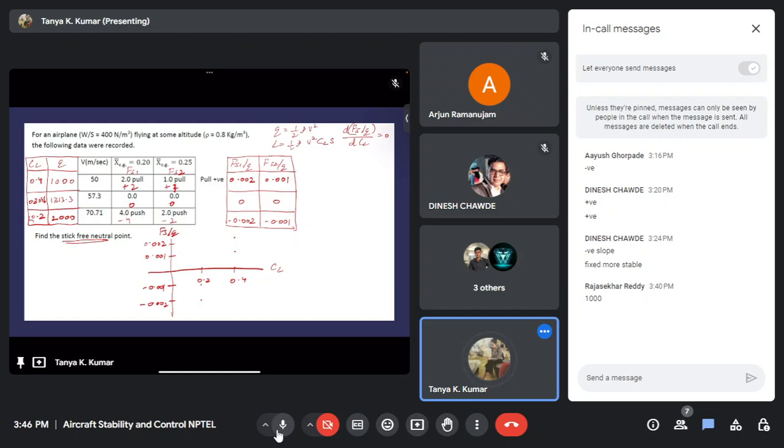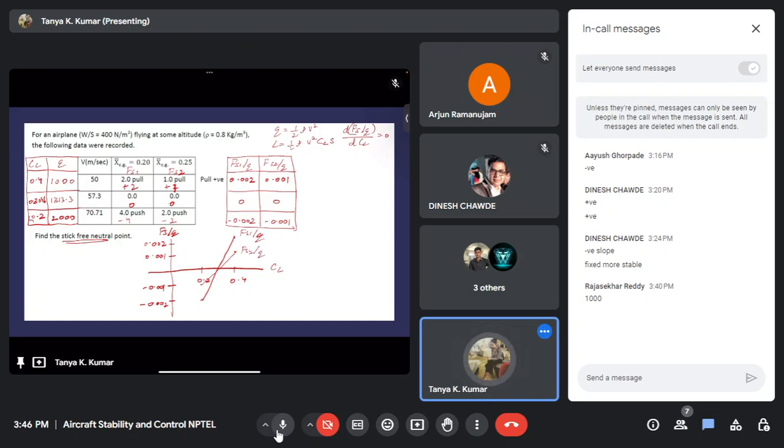So let's just join the corresponding lines. I should have taken another color, but it's something of this sort, right? So you get two lines. Let me just see which one corresponds to which one. 0.4, 0.02. Yeah, so this is Fs1 by q and this is Fs2 by q.